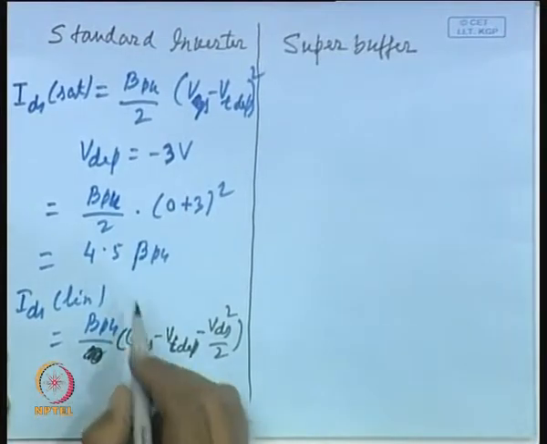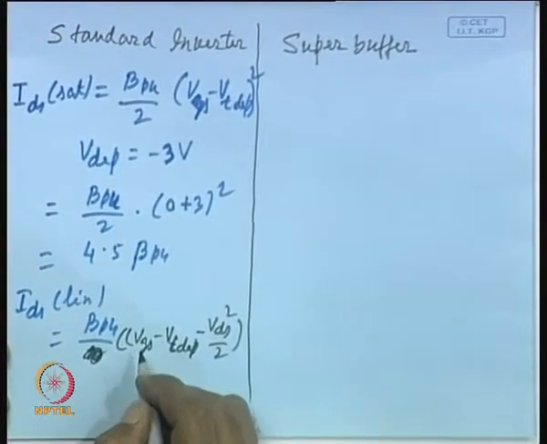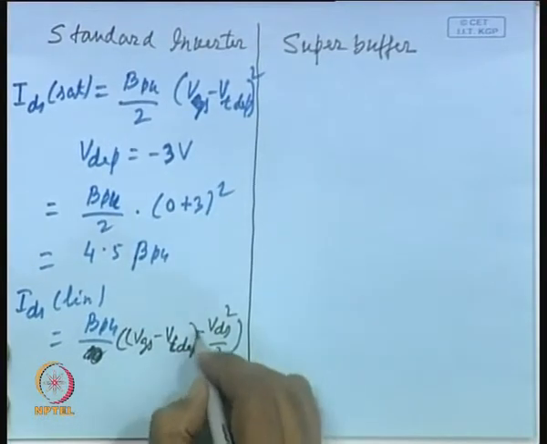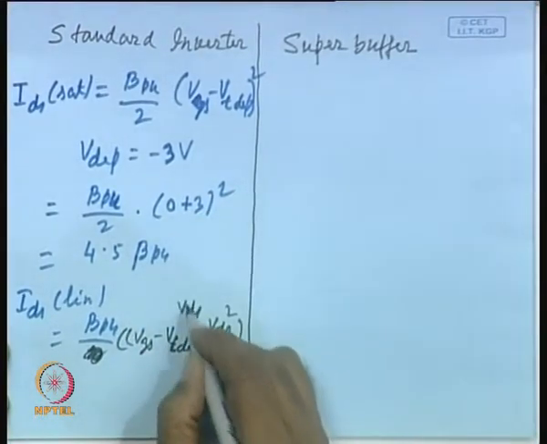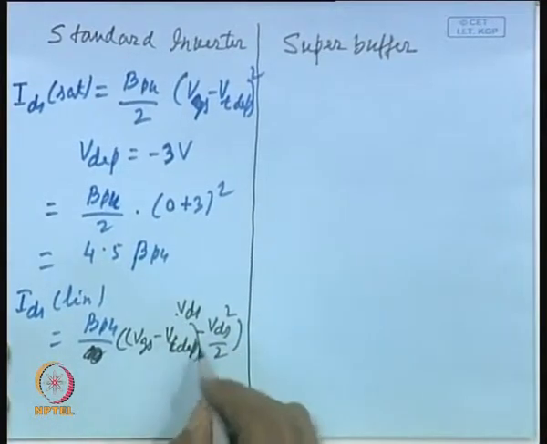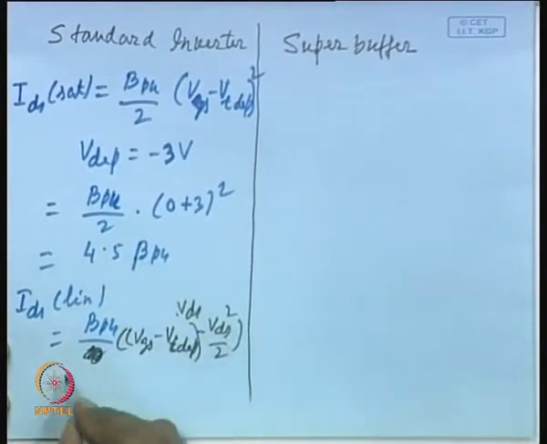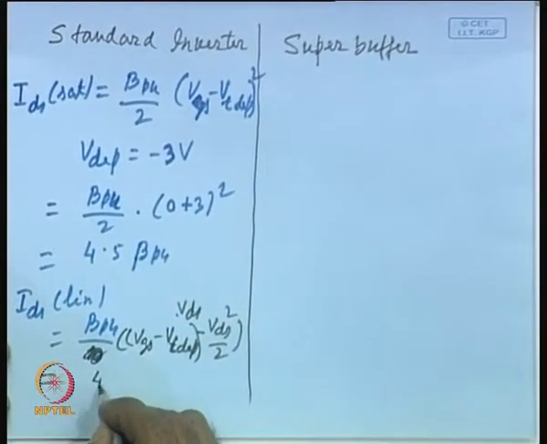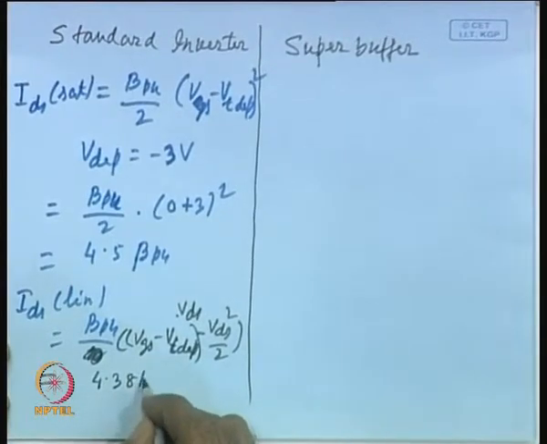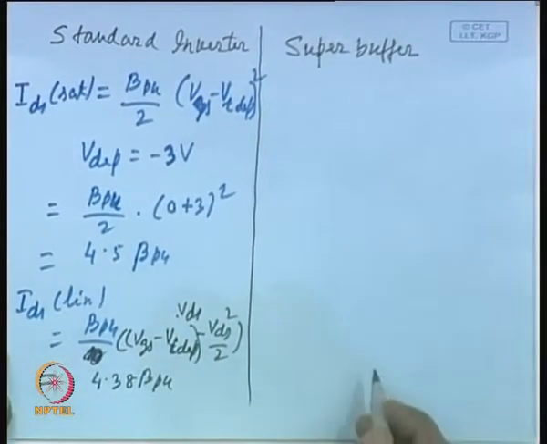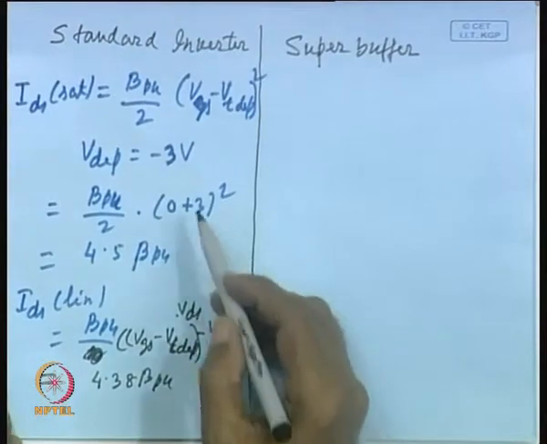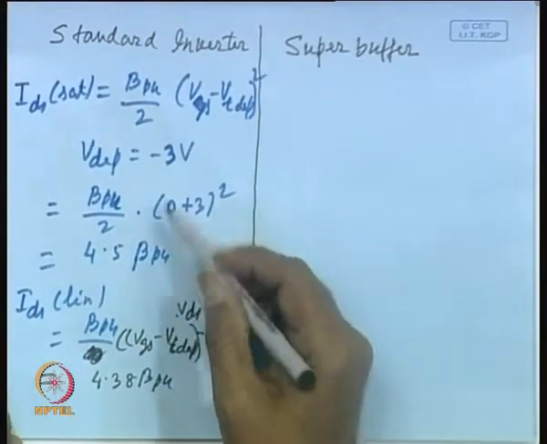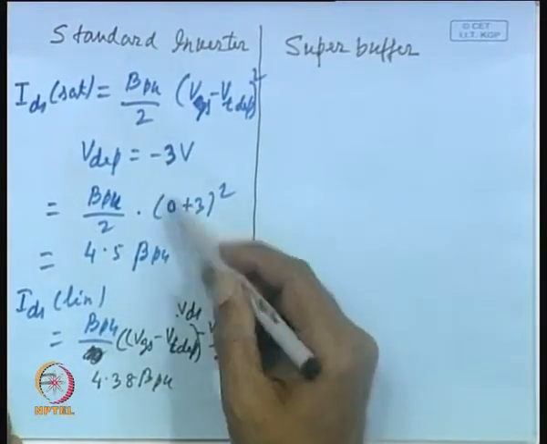In this case, because we have taken the V DS inside, if we substitute various values, we will find that this is equal to roughly 4.38 beta pu. So in case of standard inverter, the current drive is like this.